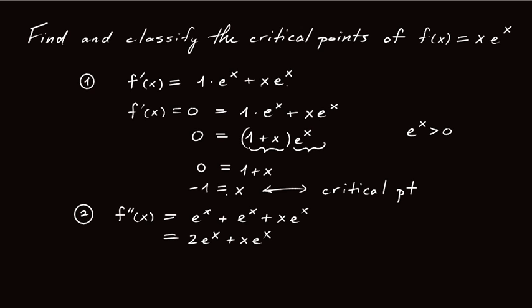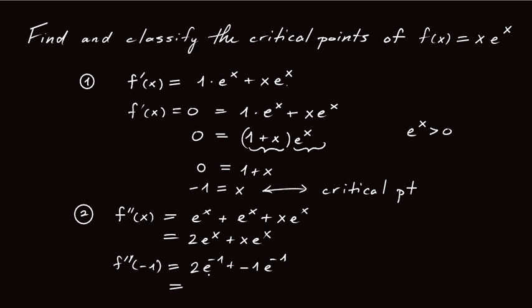And now I need to take my critical point, which was x equals minus 1, and plug that in to the second derivative. So f double prime of minus 1 is 2 times e to the minus 1 plus minus 1 times e to the minus 1. That's the same as 2 minus 1 times e to the minus 1.